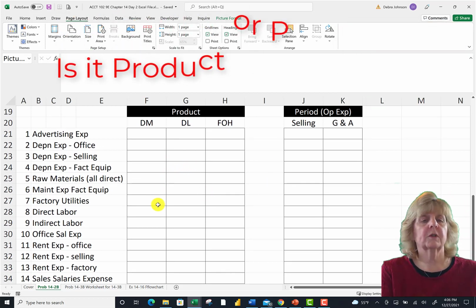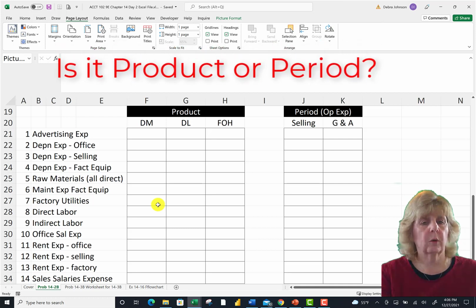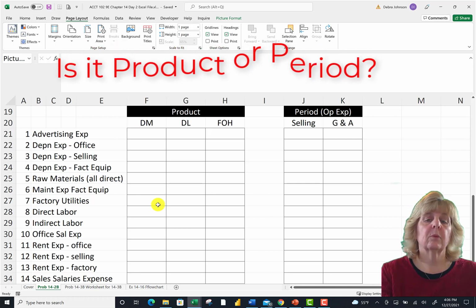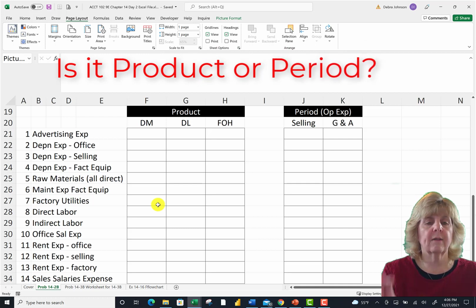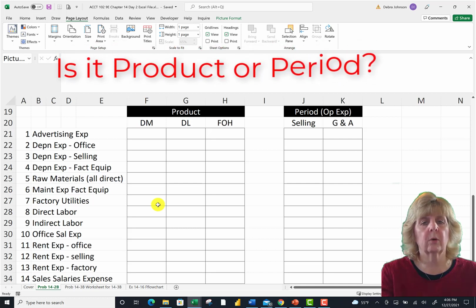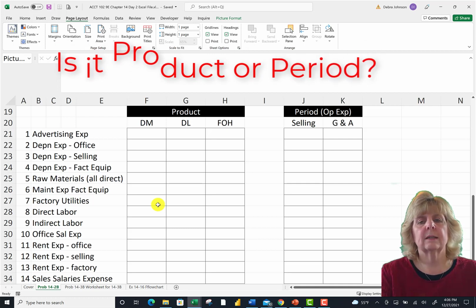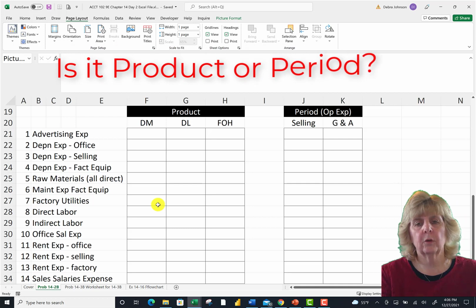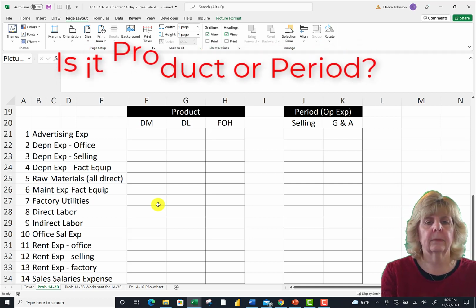Okay, so the first thing I would ask myself, and by the way, this is similar to a test question, is this a product cost, which means that the cost was incurred in the manufacturing of a product in the factory, or is this a period cost, which means it has no future benefit and it would be expensed immediately?